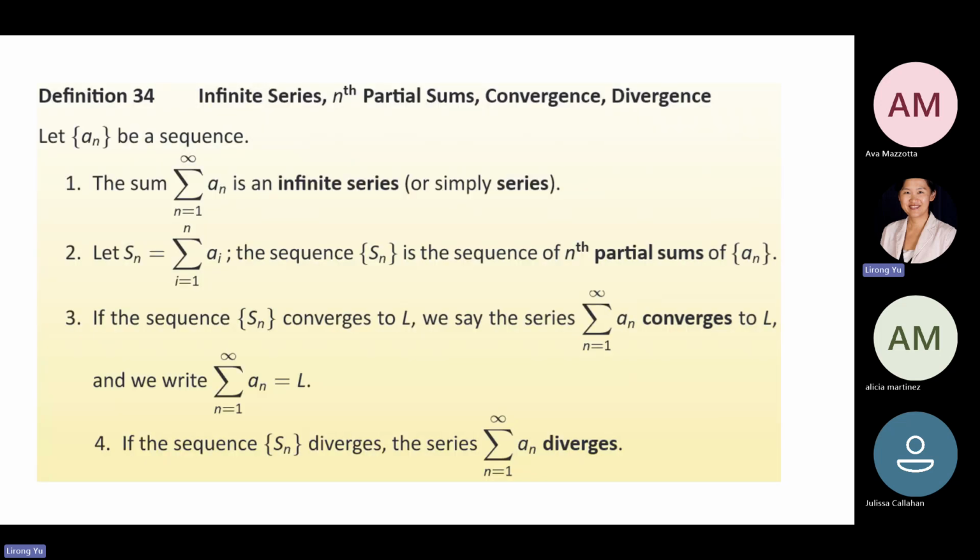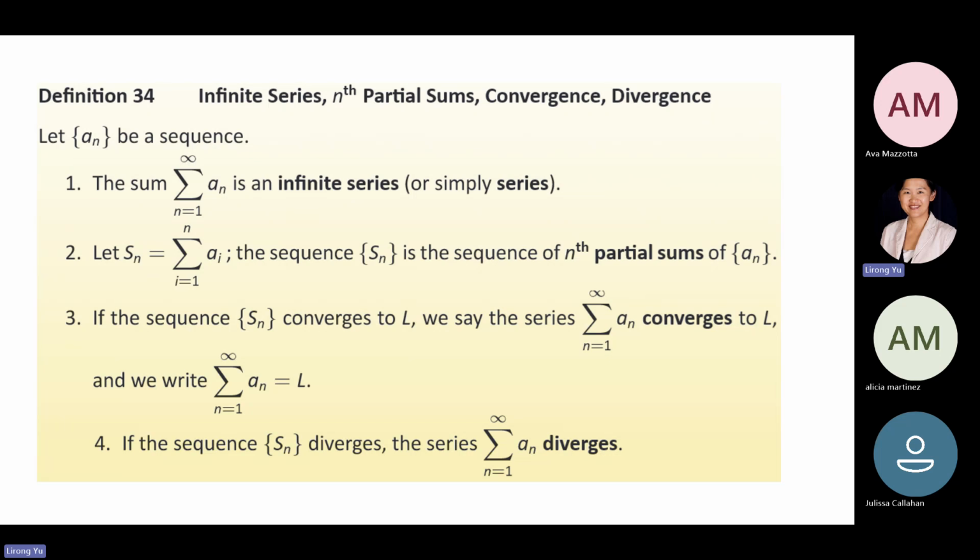So we define the terminology of the infinite series, or a series, and we define the partial sum as a new sequence. So a_n is the sequence, but adding the first n numbers in that sequence is S_n. S_n itself is also a sequence.